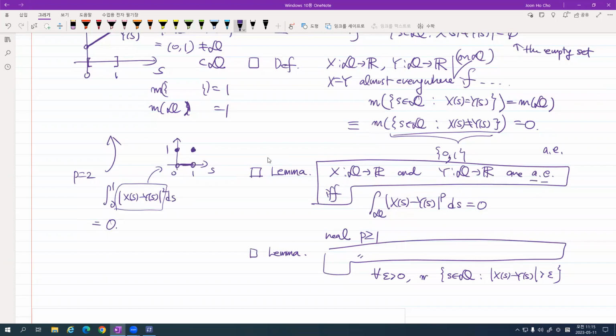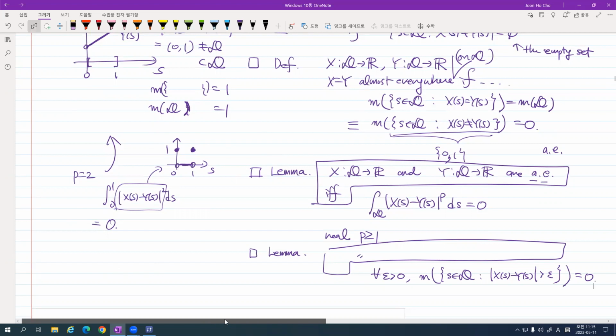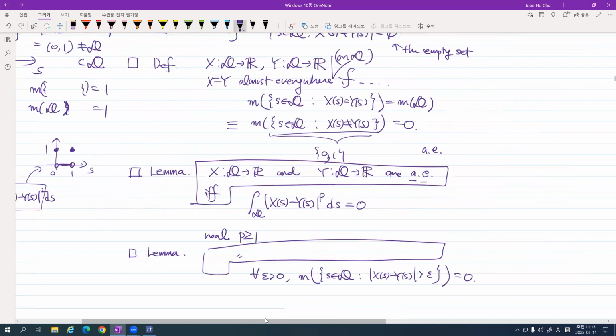And we measure the size. Okay? And this is 0. You may say, wait a minute, are they equal? Actually, they are slightly different, but equivalent. See that? This is the same as the measure of the set of s in D.